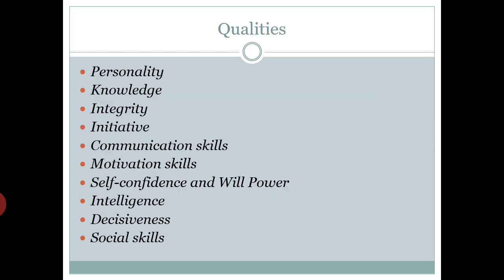Then, qualities of a leader. What are the essential qualities which should be there in the personality of a leader? First one, personality. The leader, that is, the manager, should have a good personality, because through his impression itself others will follow him. Some personality attributes and traits should always be there in the manager.